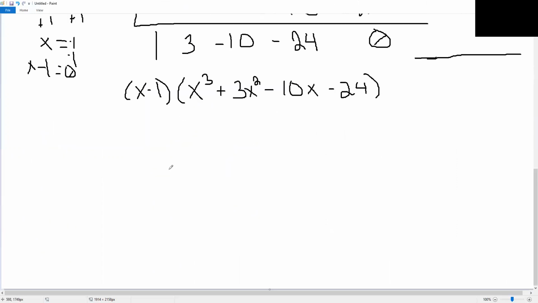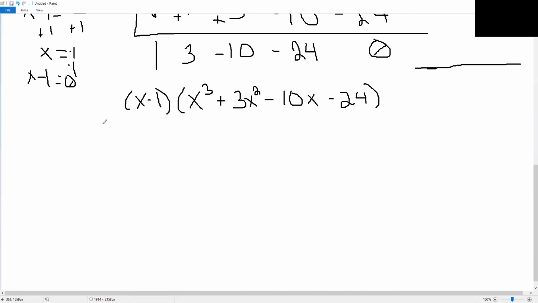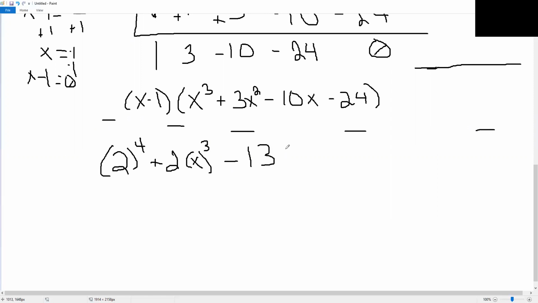Now let's try it. So we have the x to the 4th. Okay, let's see here. Should I just draw a little dotted line here? Okay. Let's do 2 to the 4th plus 2 times 2 to the 3rd minus 13 times 2 squared minus 14 times 2 plus 24.